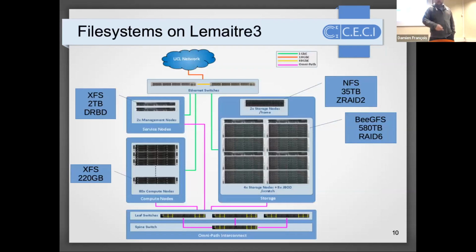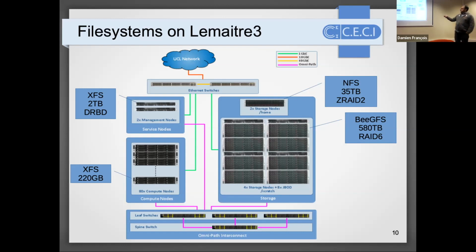If you look at Lemaitre3, for instance, there are multiple file systems installed on it. We have a large scratch file system, which is a BeeGFS file system. So we have multiple servers that offer the same storage to all the compute nodes.